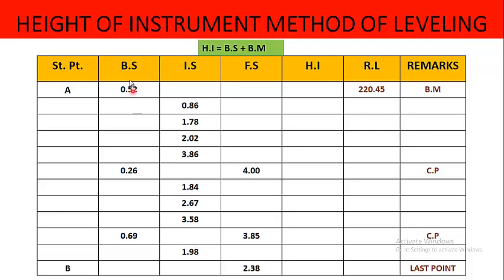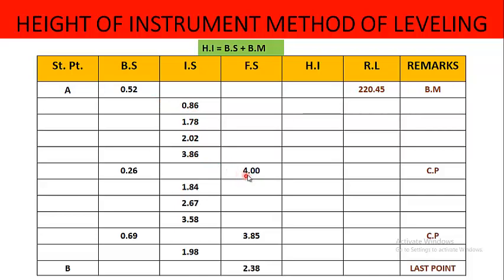We noted the values. The first value we write in the backsight column, because the first reading after the adjustment of the instrument is called backsight, the last reading after the adjustment of the instrument is called foresight, and the values that come in between are called intermediate sights. The first reading was 0.52, the second value is 0.86, and the values continuously increase up to 4.00.